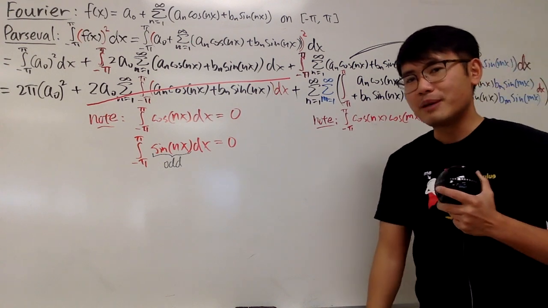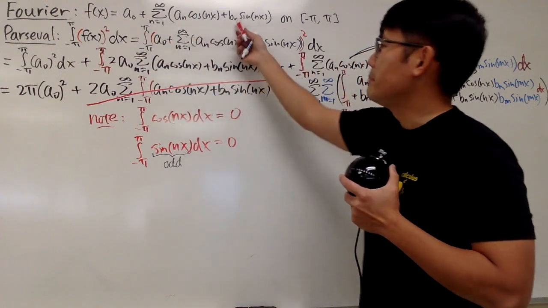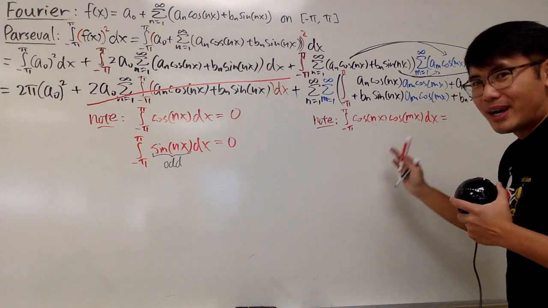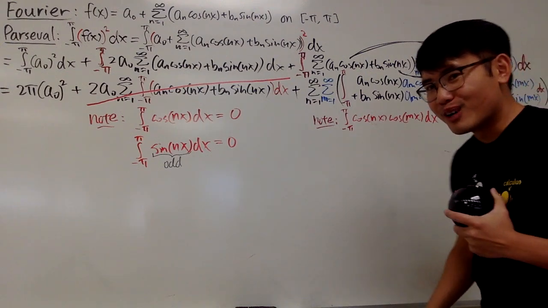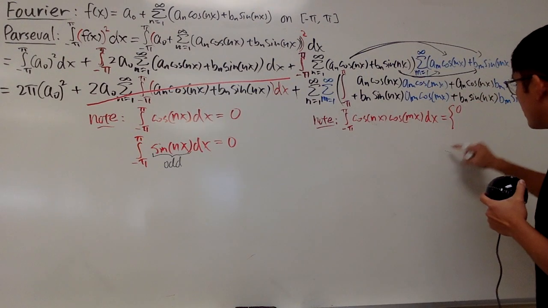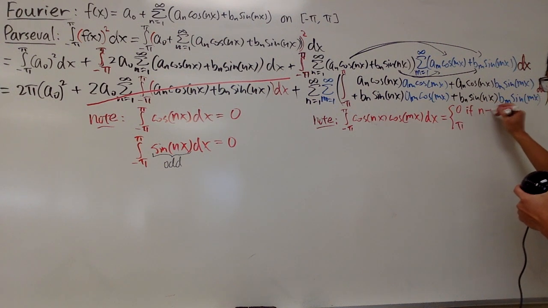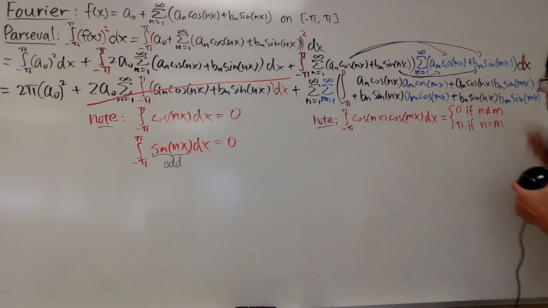And if you guys have seen my video on getting the formulas for a_0, a_n, b_n, it's pretty much that part right here again. Let me tell you guys this right here. When we have this integral, we only have two possible outcomes. It's either we get 0 or we get pi. This will be 0 if n is not equal to m, and this will be pi if n is equal to m.